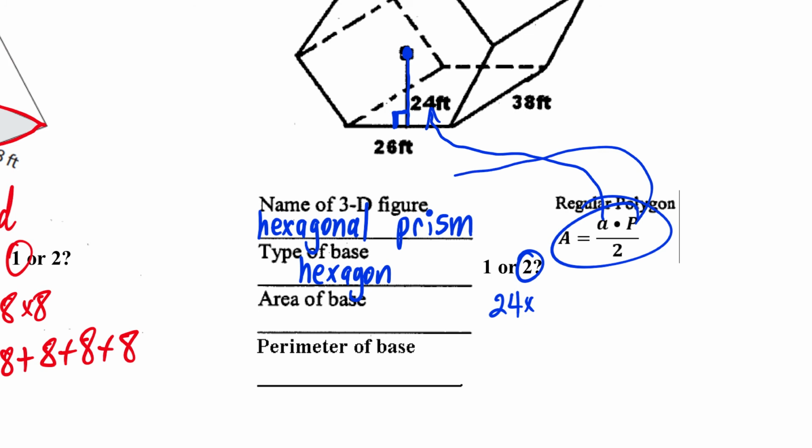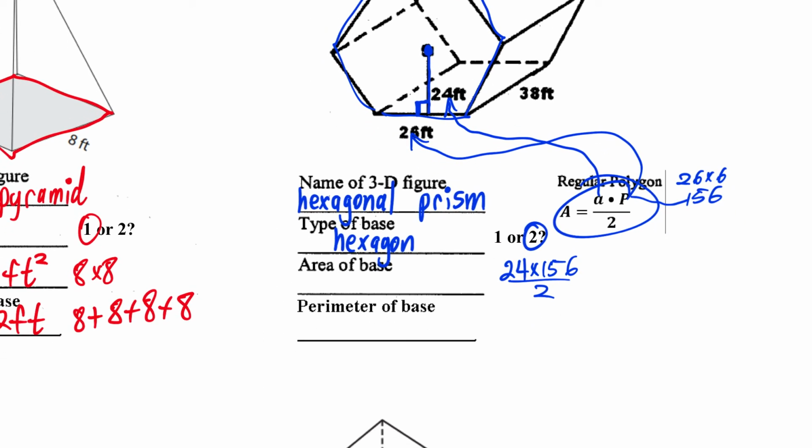The perimeter is going to be 26 times 6, which is 156. So the perimeter is 156. So 24 times 156 divided by 2.